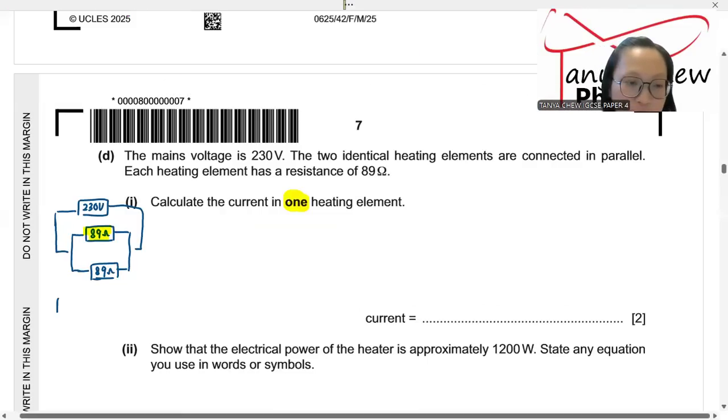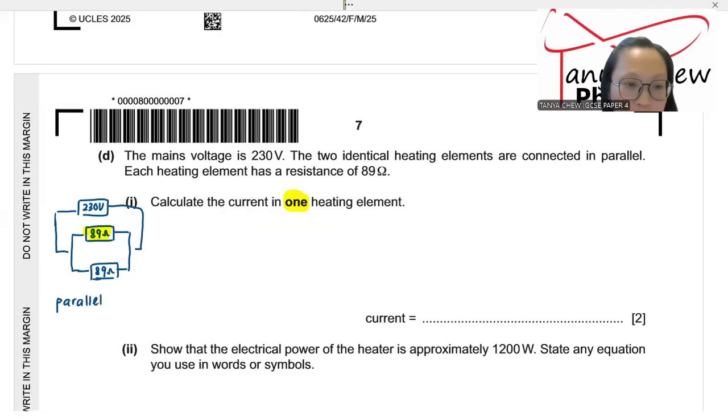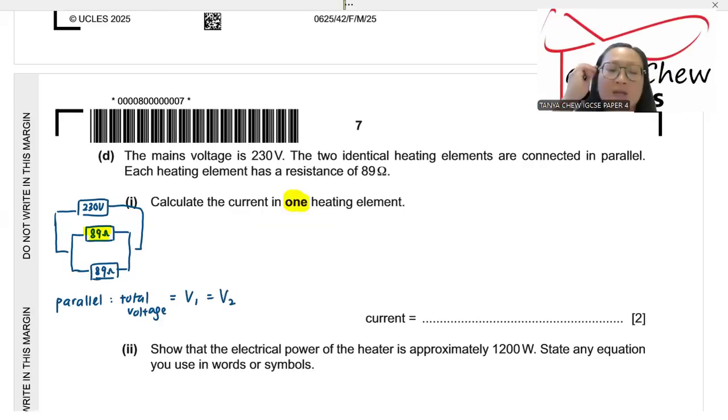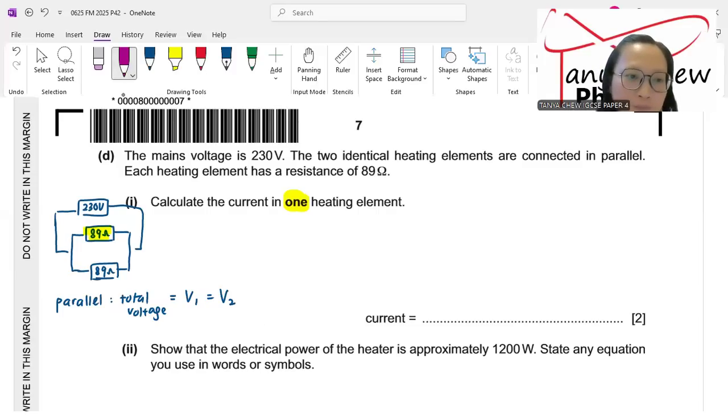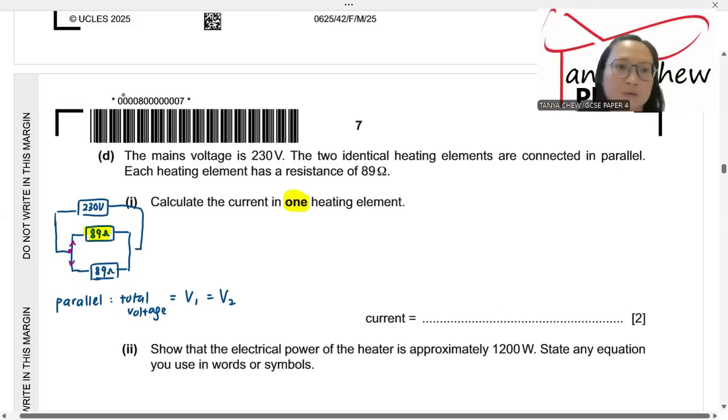Let me write it down for you. Parallel means that the total voltage is the same as the voltage across one heating element and the voltage across the second heating element. The voltage will be the same, right? The one that is different is the current, because this is the junction where the current splits.